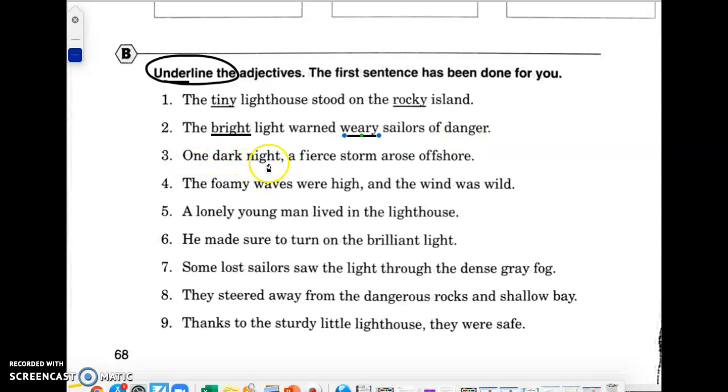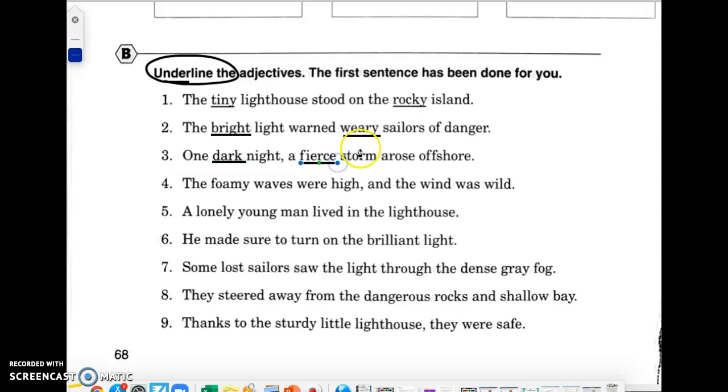Okay. One dark night, a fierce storm arose offshore. Okay, my first noun is night. Yes, dark describes the word night. It was a dark night. A fierce storm arose offshore. Here's our next noun, storm.